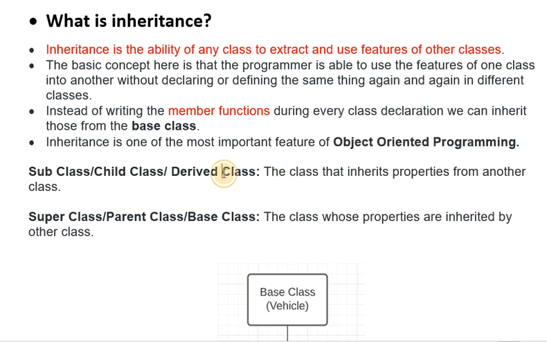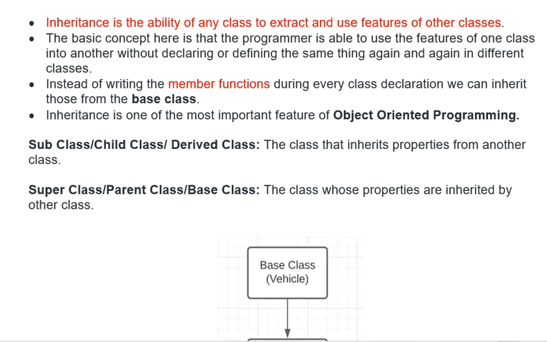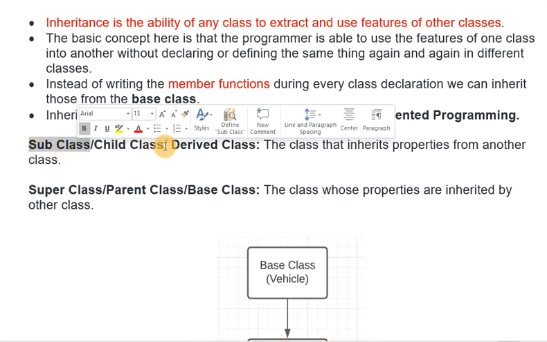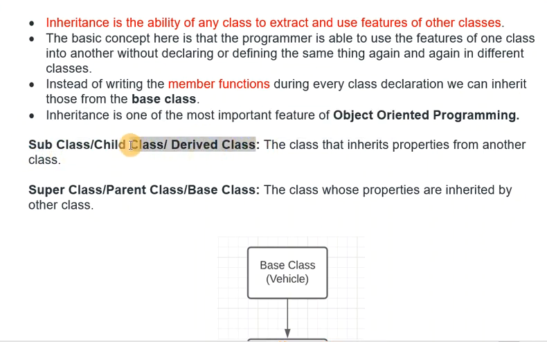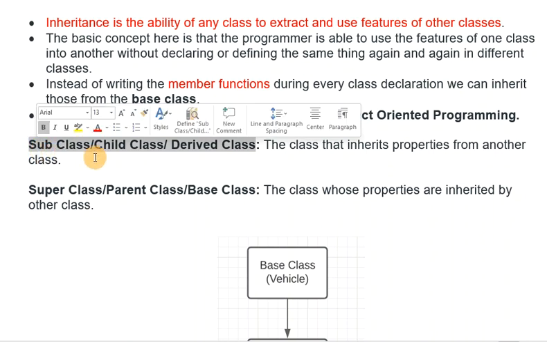Now let's see what the child class and base class are. We frequently hear this terminology: subclass, child class, derived class. We are going to make it clear in this episode itself, so stay tuned. Subclass, child class and derived class: these three names are the same.